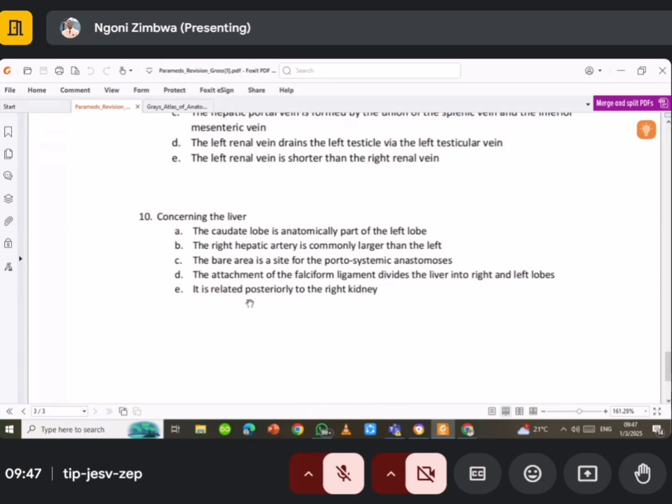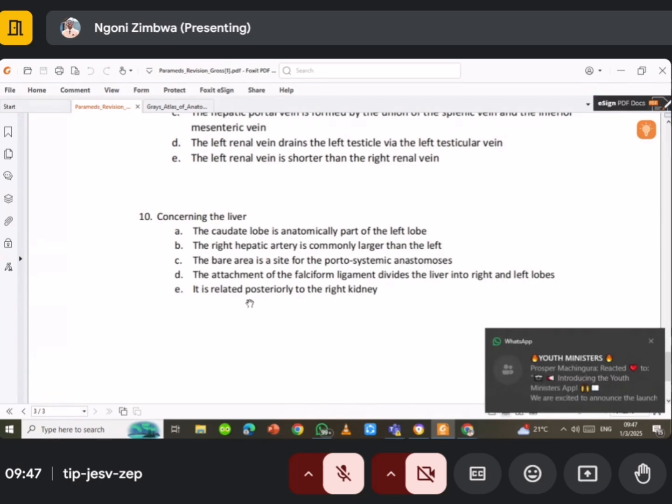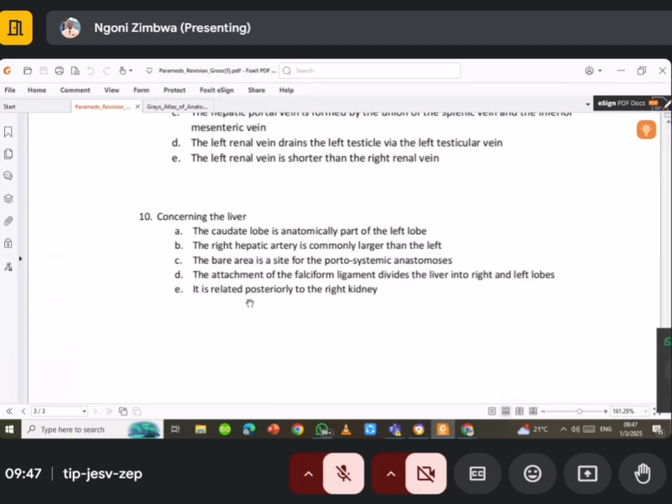The right hepatic artery gives the cystic artery, which supplies your gallbladder. And then the left has to be larger than the right. Why? Because the caudate lobe and the quadrate lobe are part of the left lobe, and it is the left hepatic artery that supplies the caudate lobe, the quadrate lobe, and the left lobe itself. So it has to be larger than the right.